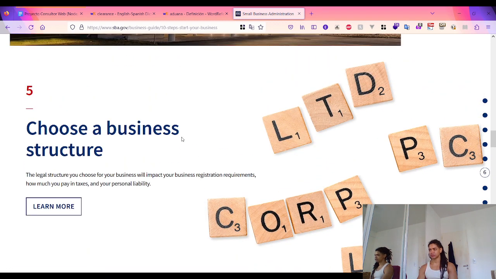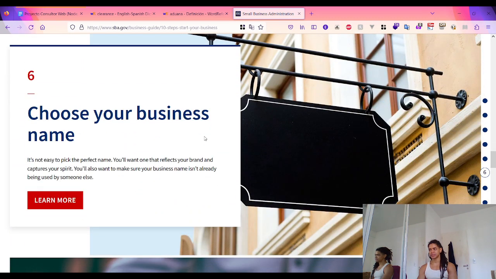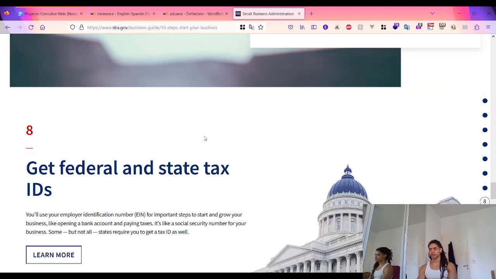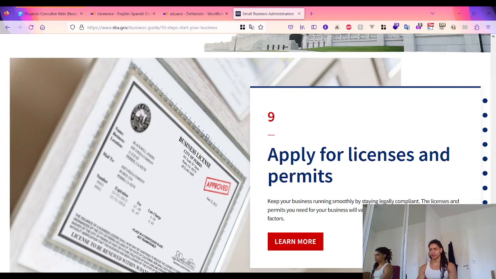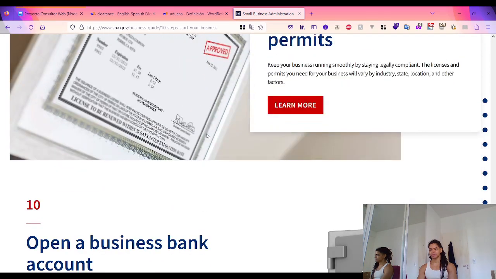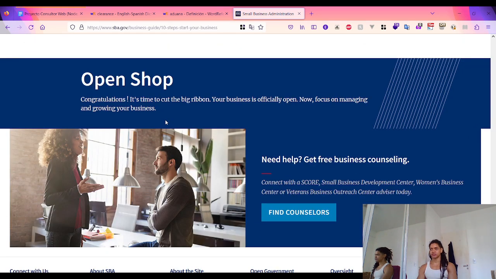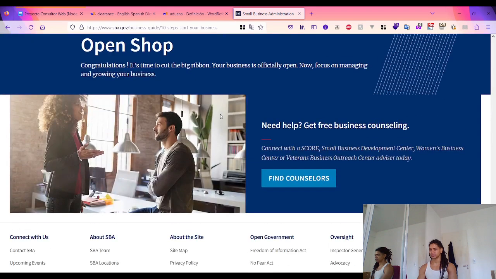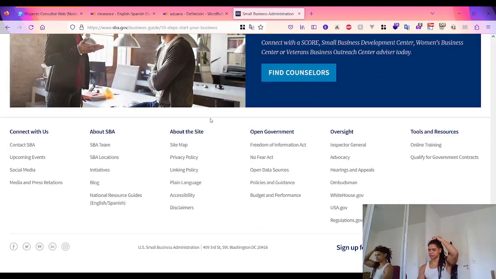Choose a business structure: LTD, Corp, PC, LLC. Choose your business name. Register your business and get a federal and state tax ID. Apply for licenses and permits. Open a business bank account. Open a shop. Congratulations, your business is officially open. Now focus on managing and growing your business. Need help? Get free business counseling.